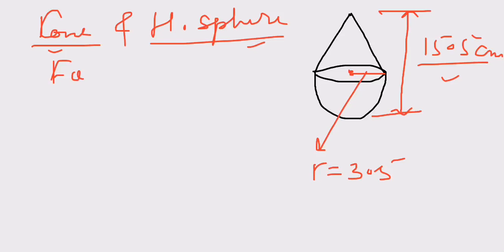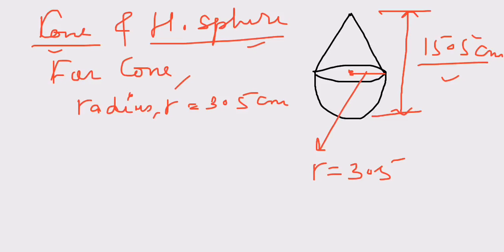For the cone, you can see from the figure, the common radius is 3.5 centimeter. This is your R. And what other parameter can we obtain from the given information for the cone? It is the height. You can see from the figure, this is known as the height of the cone.